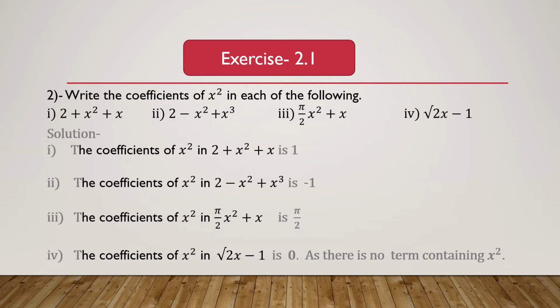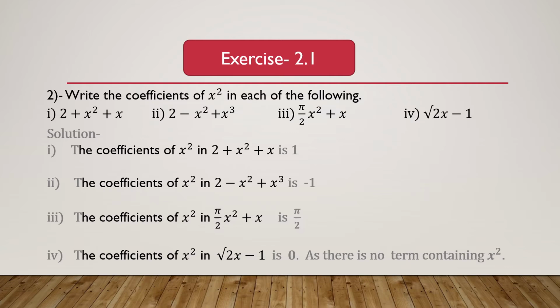Here the coefficient of x square is 1, that is 1 multiplied with x square. 1 multiplied with x square is x square. So the number associated with x square is 1. So the coefficient of the term x square in 2 plus x square plus x is 1.